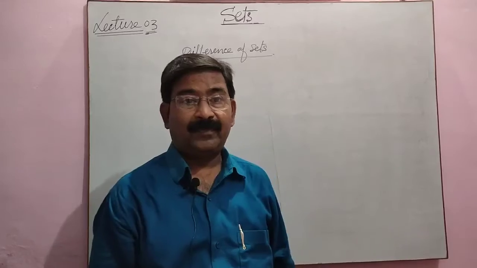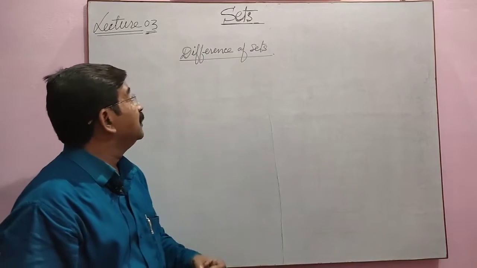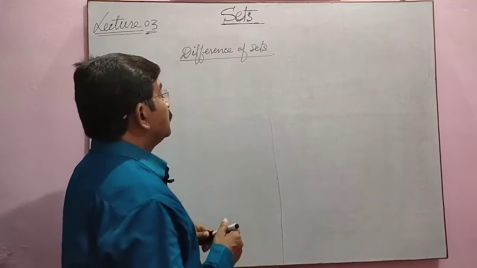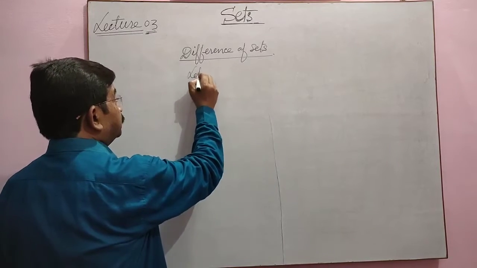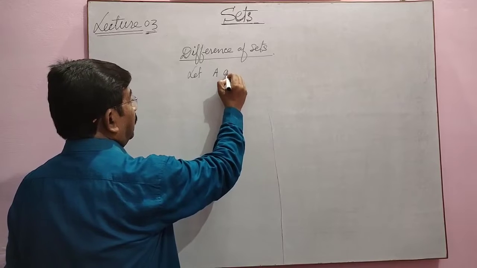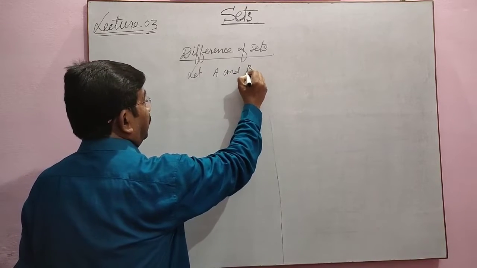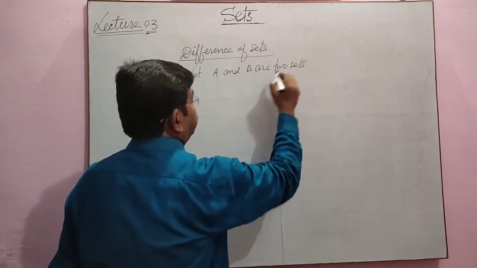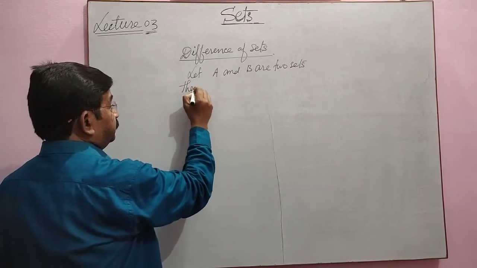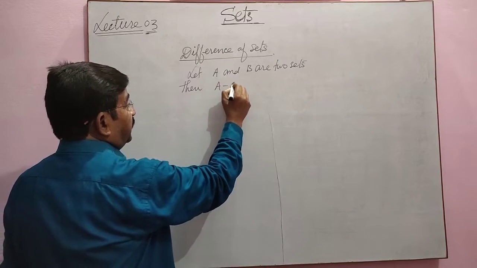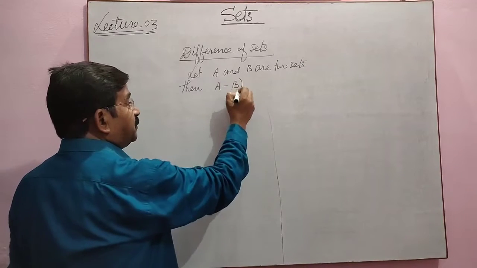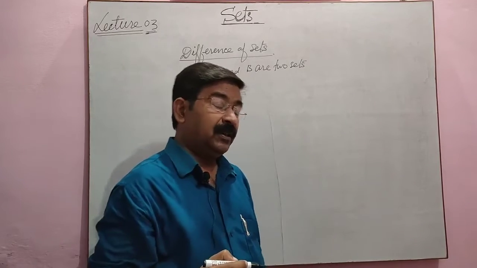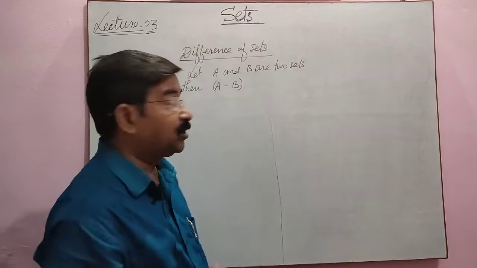Is it okay? Now the next point is difference of sets. Let A and B be two sets. Then what is A minus B? Or what is B minus A?